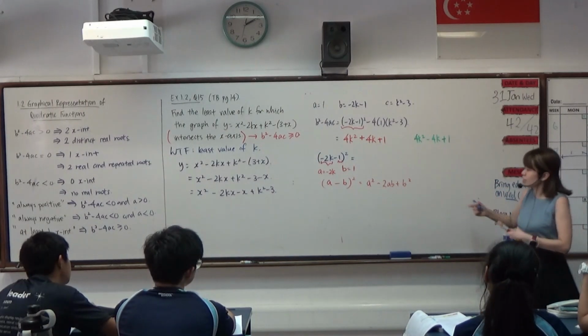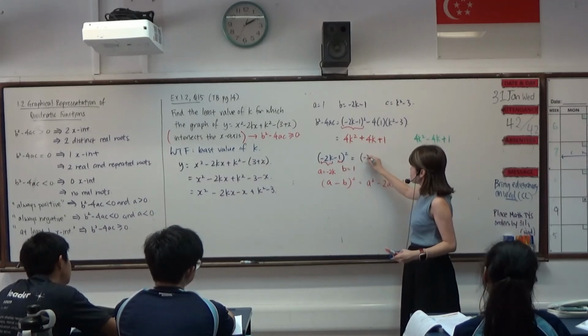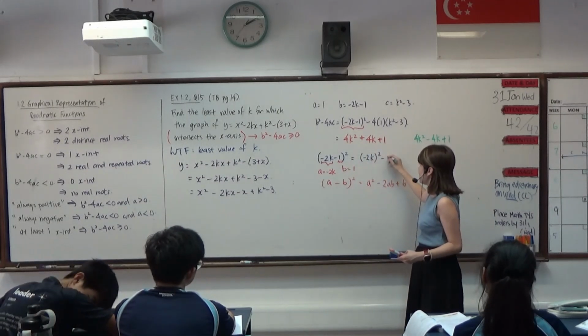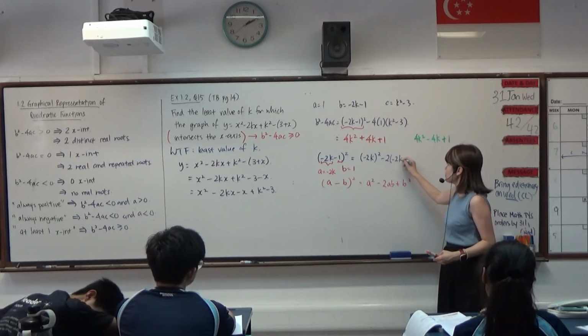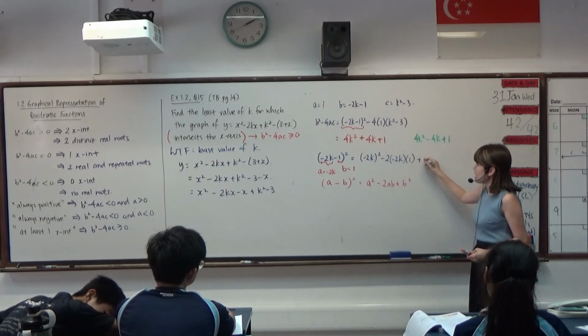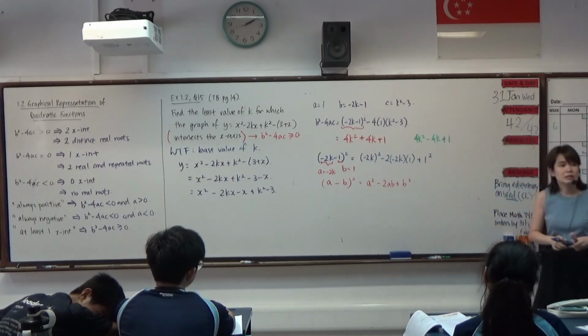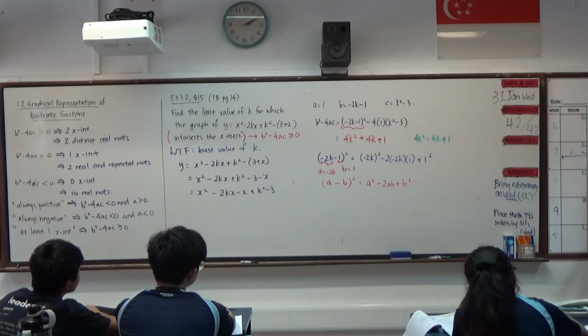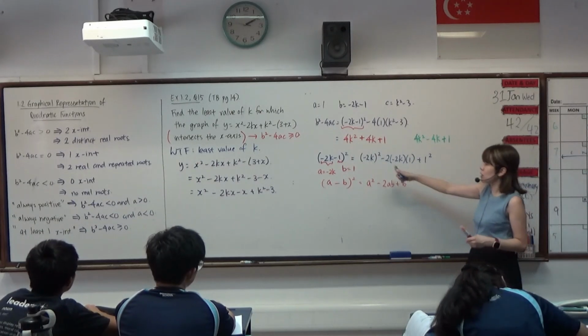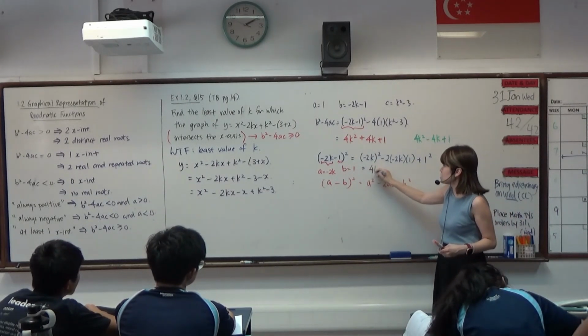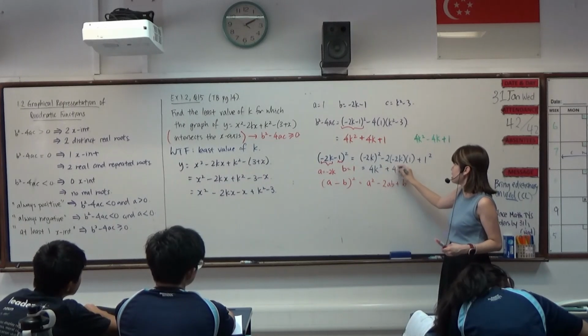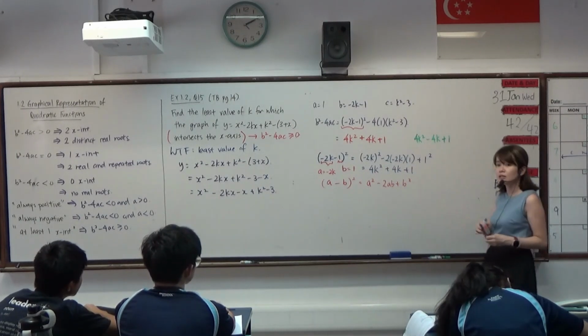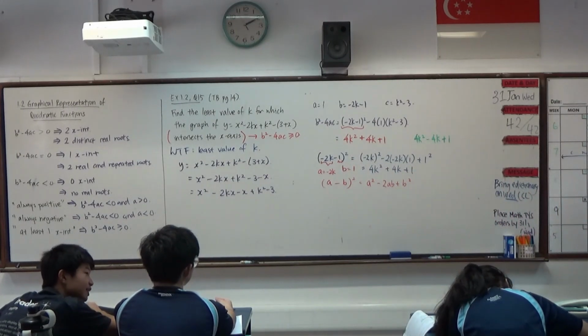So what that means is that it is negative 2k square minus 2 times negative 2k times 1 plus 1 square. Right? Brackets are important. And this gives us 4k square plus 4k plus 1. So actually the arrow's one is correct.